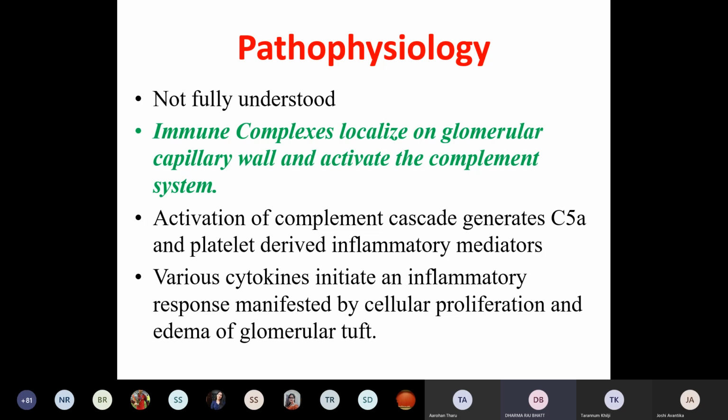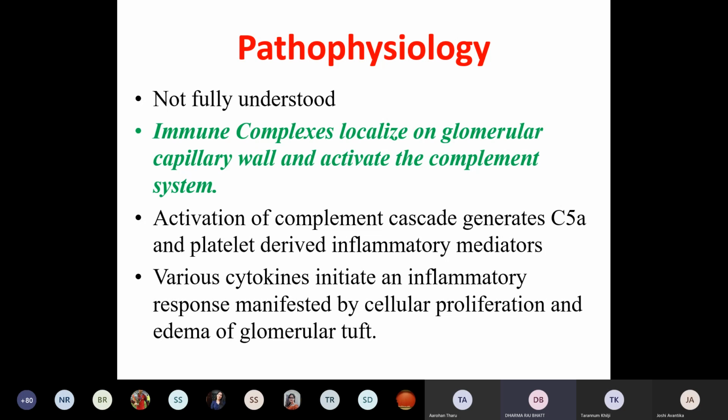These circulating antibodies, because of the antigenic similarity, cross-react with the glomerular wall, resulting in formation and deposition of immune complexes. So molecular mimicry is one of the possible mechanisms describing the pathophysiology of post-streptococcal glomerulonephritis.